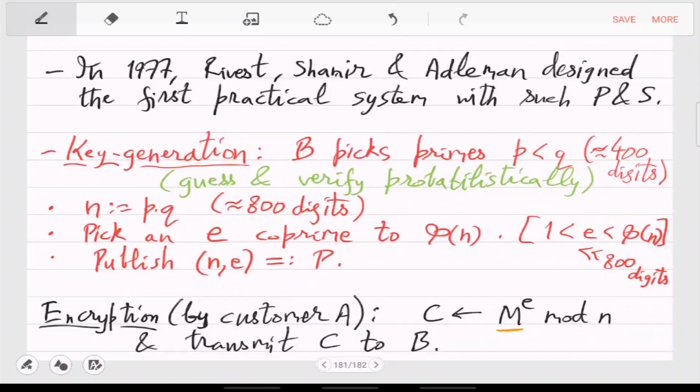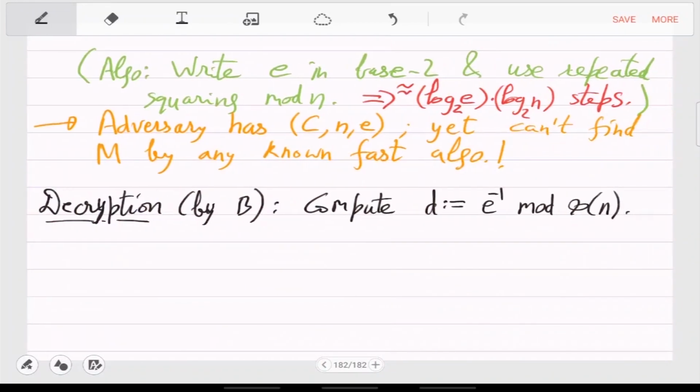Since E is co-prime, E inverse will exist. And this D is then used as follows. So C to the D mod n is computed. What do you think the value will be? Yeah, so it happens to be m. That's the beauty of number theory. So this is equal to m.